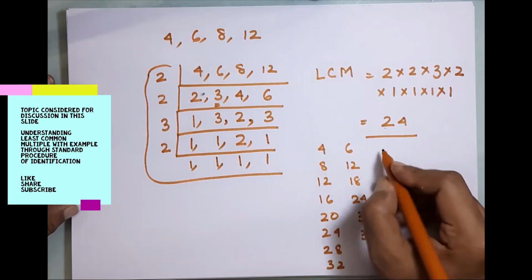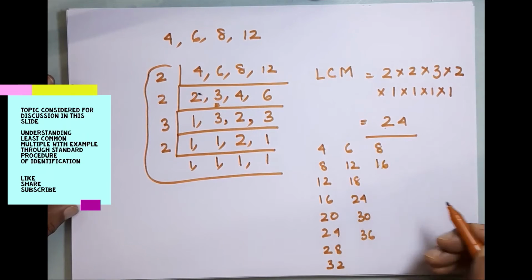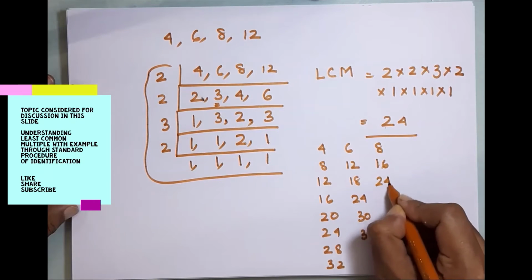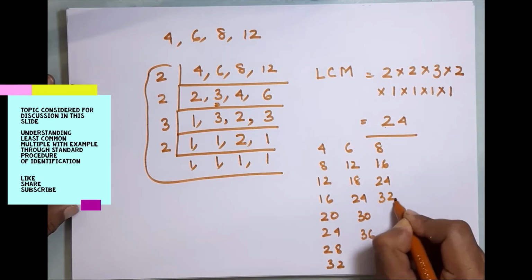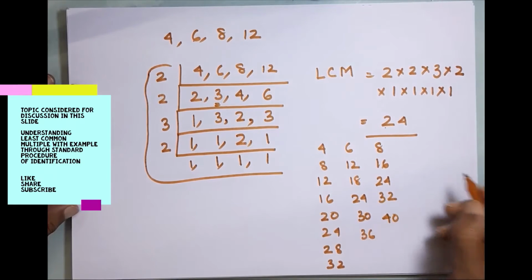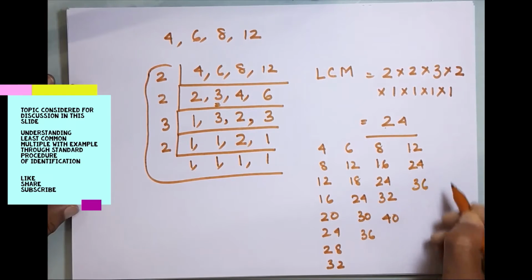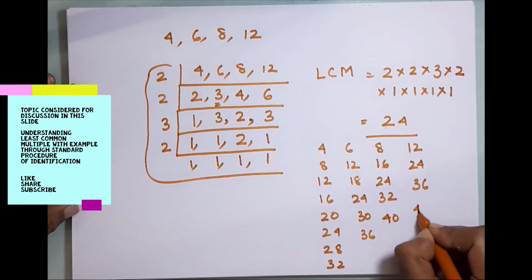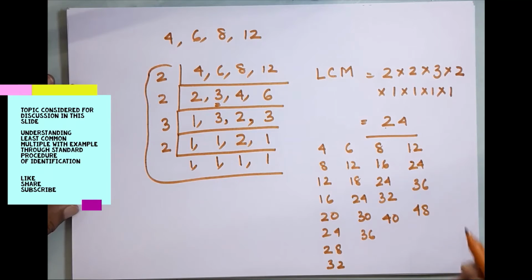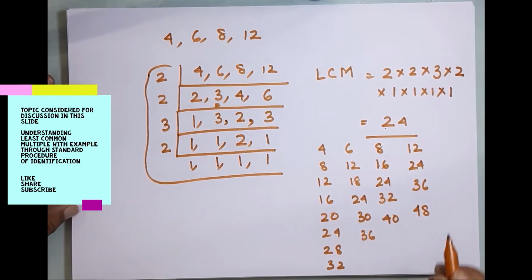What about 8? 8, 16, 24, 32, 40, and so on. What about 12? 12, 24, 36, these are all the multiples of 12, 48. And what is the common multiple among all those numbers?